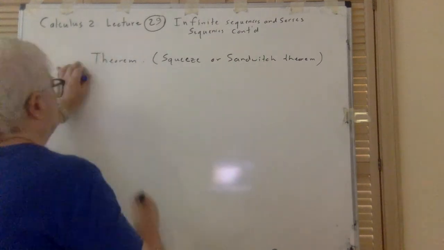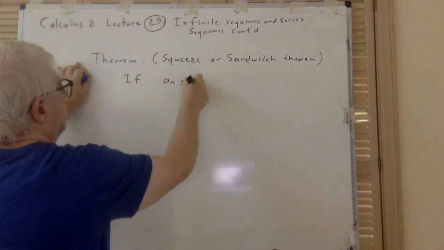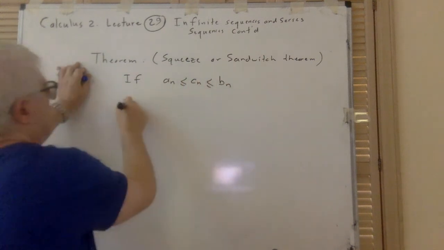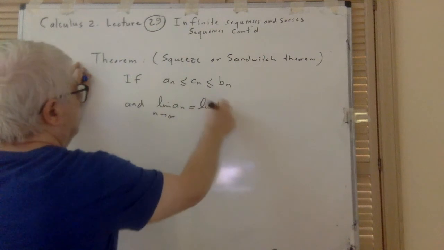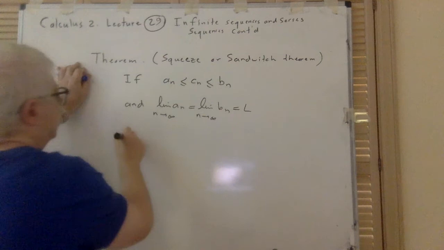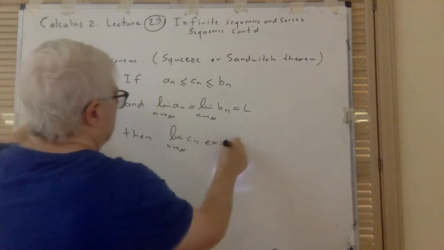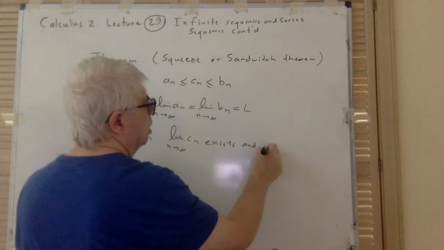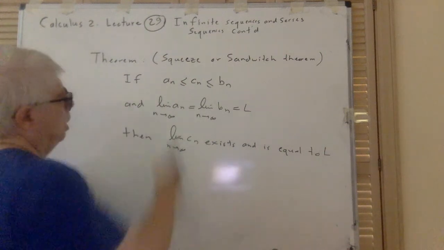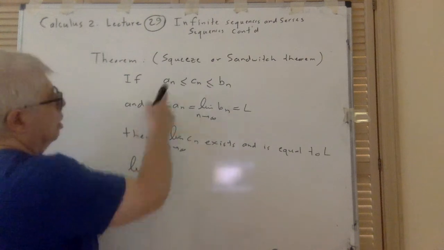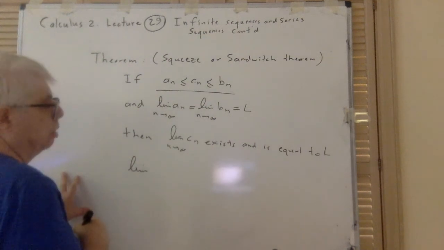The sandwich theorem is telling us if, say, an is less than or equal to cn, which is less than or equal to bn, and the limit of an as n goes to infinity equals the limit of bn as n goes to infinity equals L, then the limit of cn exists and is equal to L. Okay, so you can tell from here that as it goes to infinity, this inequality still holds.